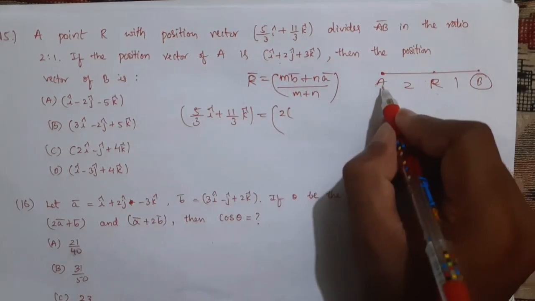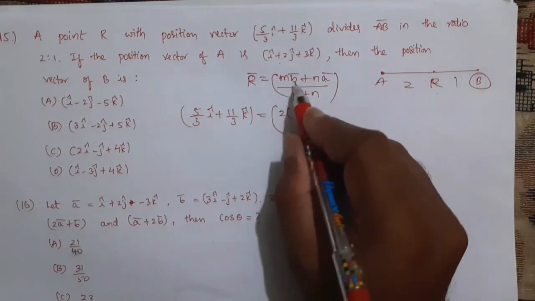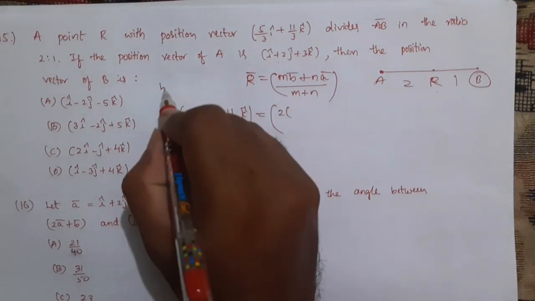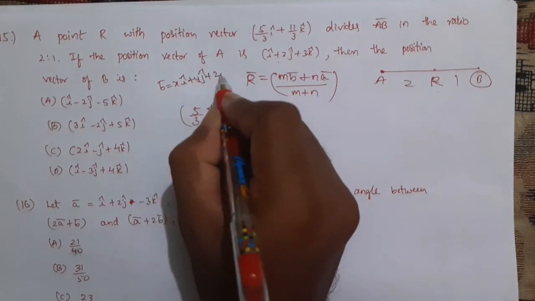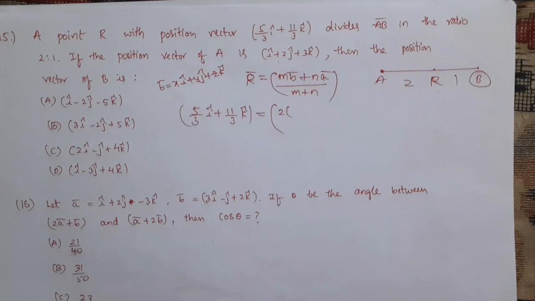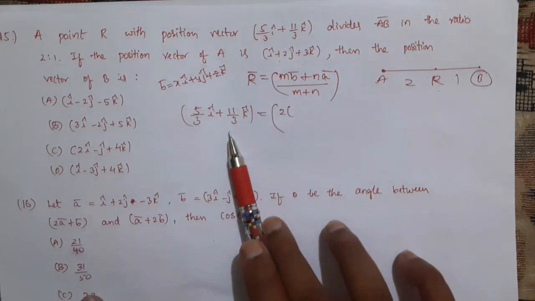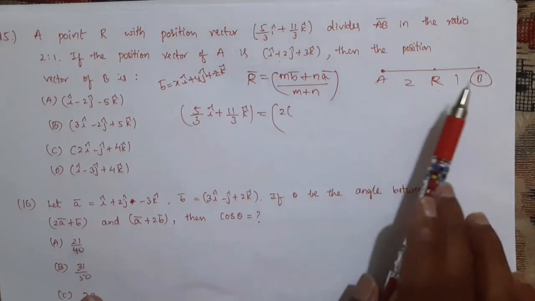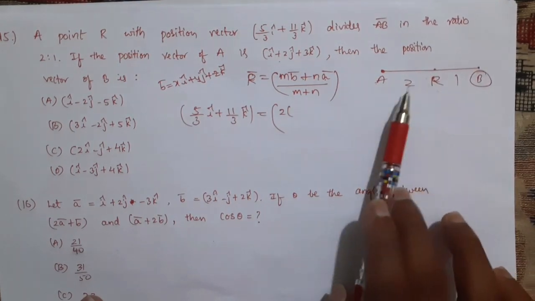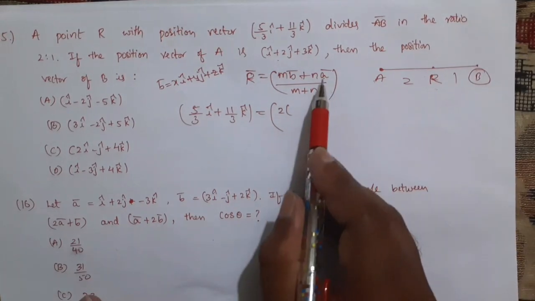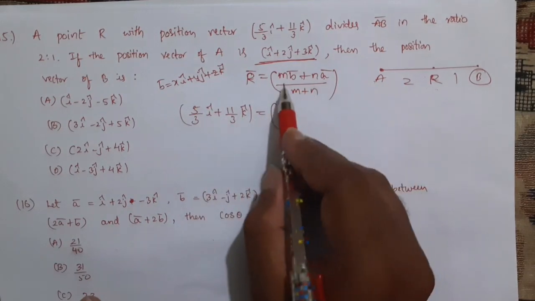This is A bar, and this B bar we need to find. So consider B bar as x I cap plus y J cap plus z K cap. Hope you understood. They gave the position vector of R, the position vector of A, and we need to find the position vector of B.